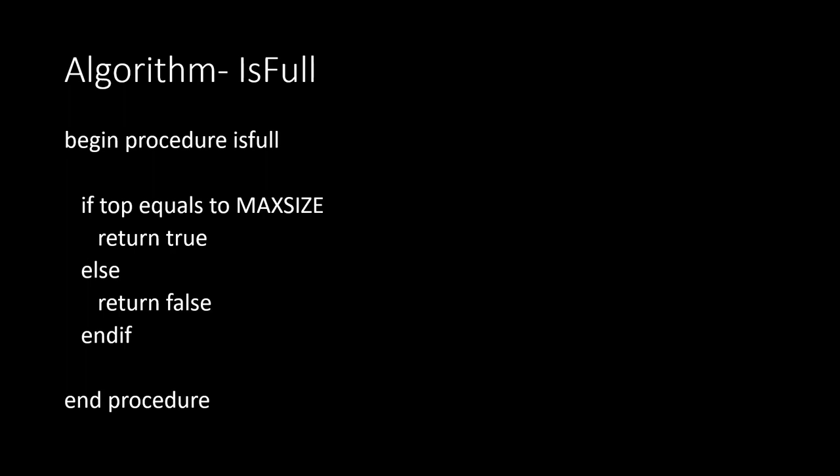And if max size is still bigger than the top, means you have more room for members to be inserted, then you will return false. So that is about is full.